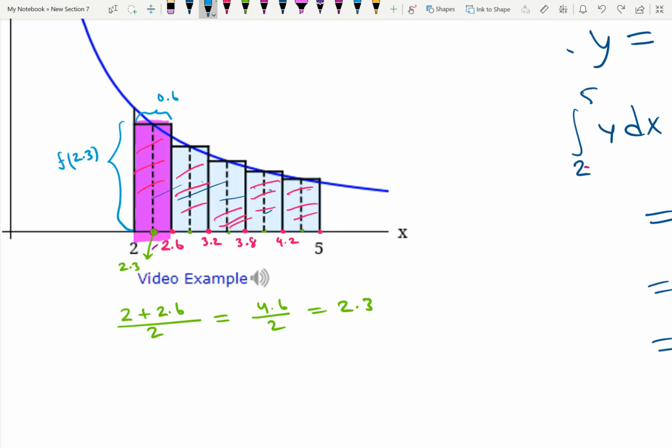And if we multiply 0.6 and f of 2.3, then we will get the area of this rectangle. Okay. And similarly, we will find the area of the other rectangles and add them together to get an approximate value.